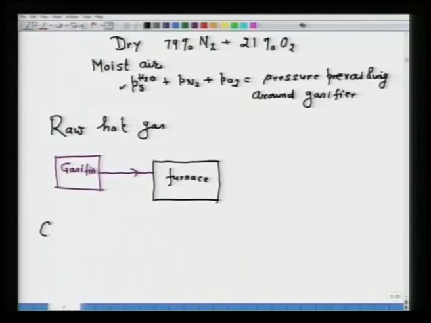So, it may clog the nozzles through which you are supplying the producer gas into the furnace. So, the normal practice is to cool the gas to clean it. In that process we are losing the sensible heat. I will show you how much percent we are losing, and we can use the cold gas, that means its potential energy only. So, in that case we define certain efficiency. For example, we may define cold gas efficiency.